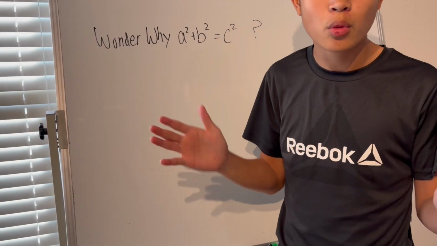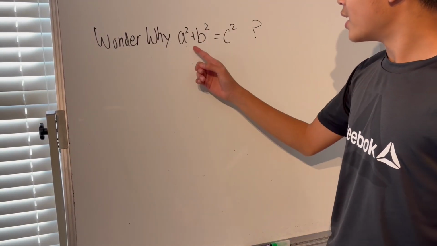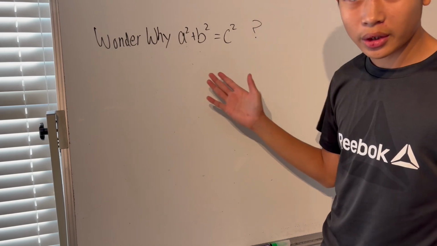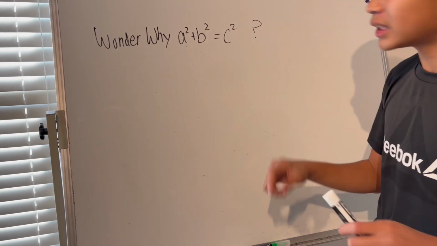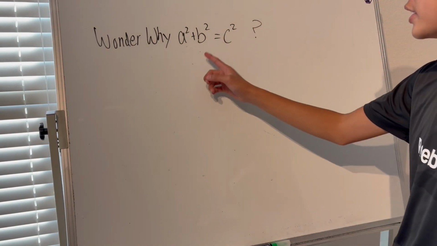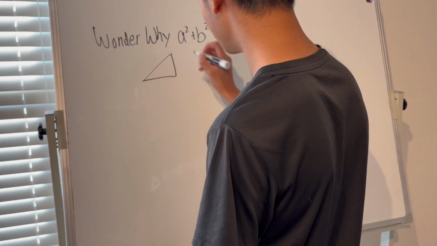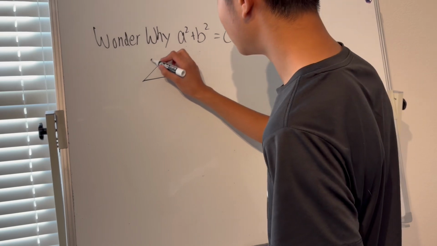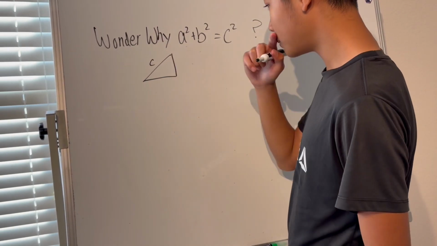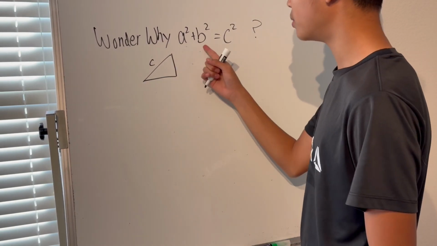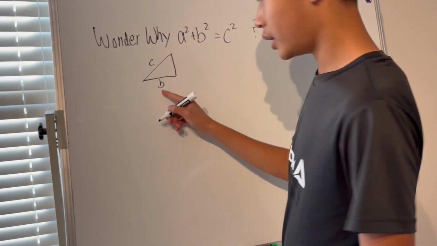Have you guys ever wondered why a squared plus b squared equals c squared? This is the most famous Pythagorean theorem, right? This theorem involves the longest side, which is c, and a is like the base, but let's call it b right here.